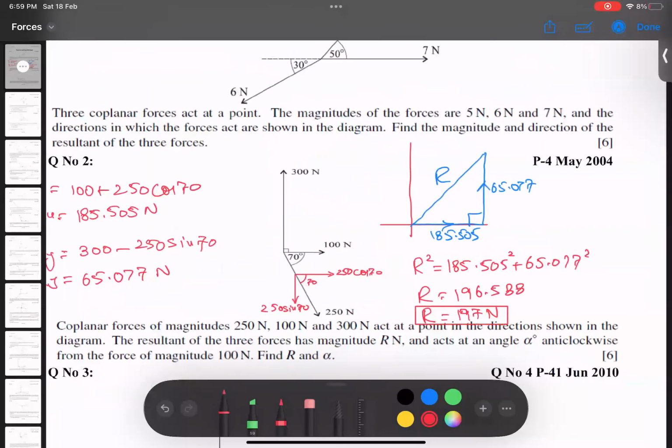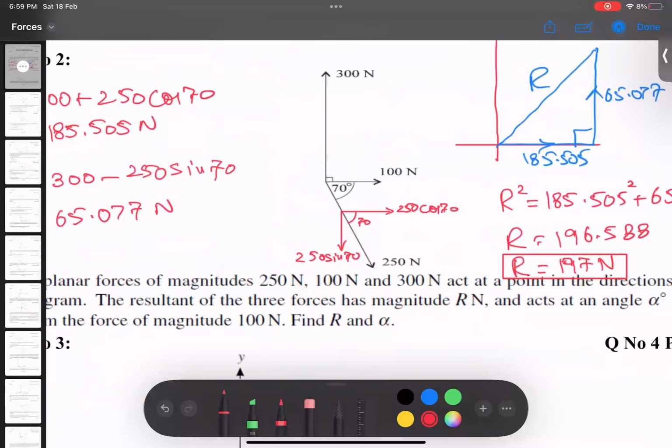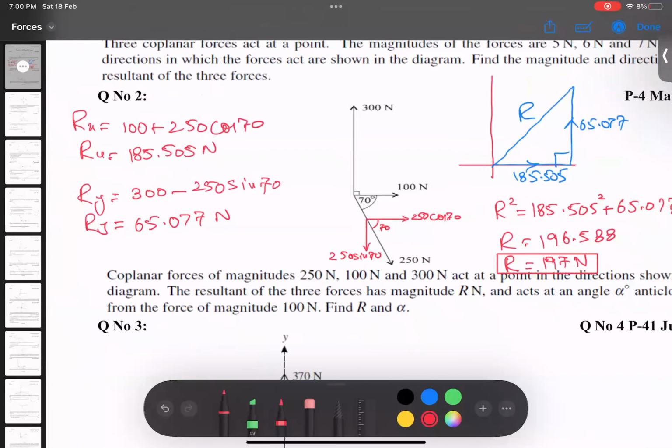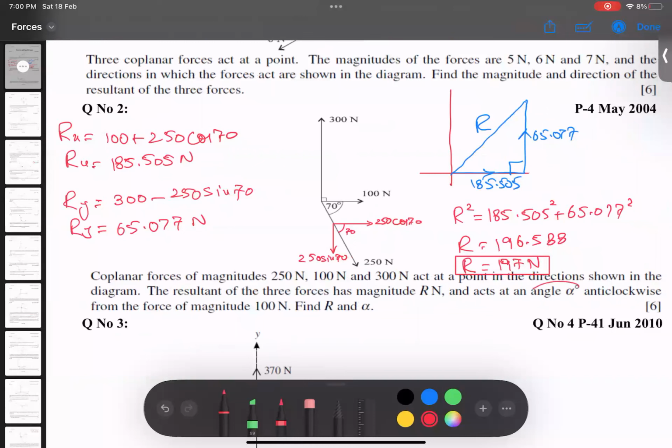Now I need to find alpha. Where is alpha? He mentioned here that alpha is an angle anti-clockwise from 100.